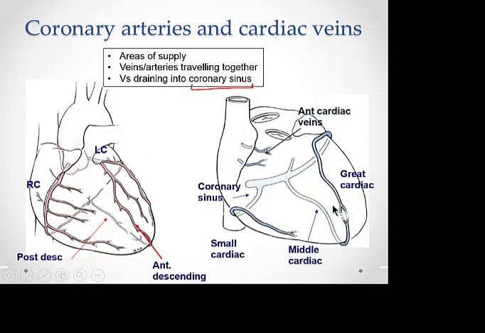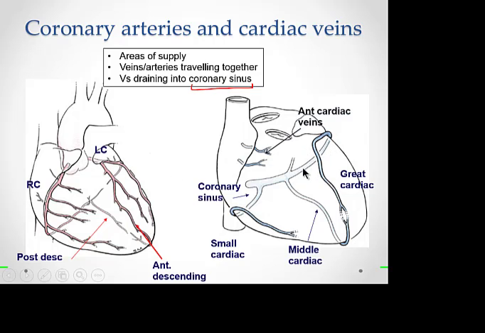So let's take a look at these veins and what they lie with. The first vein we are going to look at is on this sternocostal surface. Traveling with this anterior descending artery is this vein called the great cardiac vein. This great cardiac vein travels part of the way with the anterior descending and then part of the way with the circumflex artery.